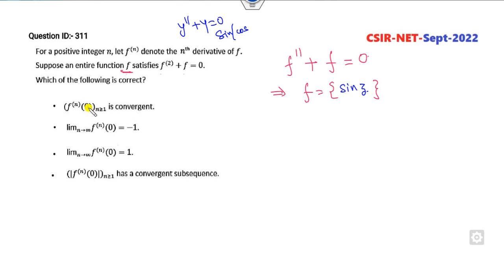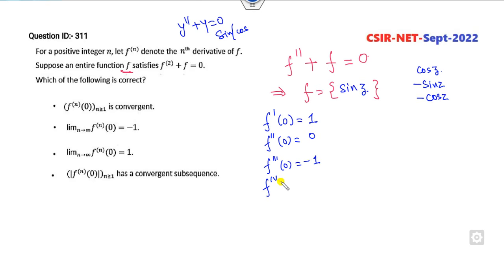Then you have to check whether the nth derivative is convergent or not. What is the first derivative at the point 0? The first derivative is cos z, at the point 0 it is 1. Second derivative at the point 0: the second derivative is minus sine z, which is 0. What is the third derivative at the point 0? The answer is minus 1.